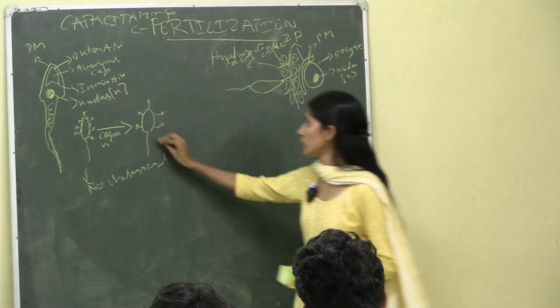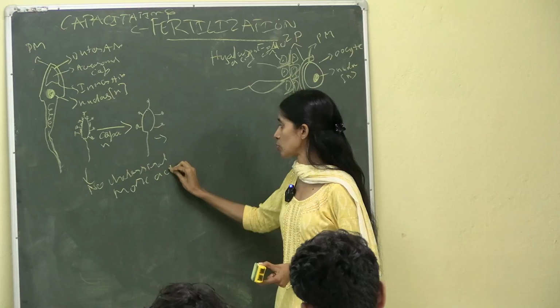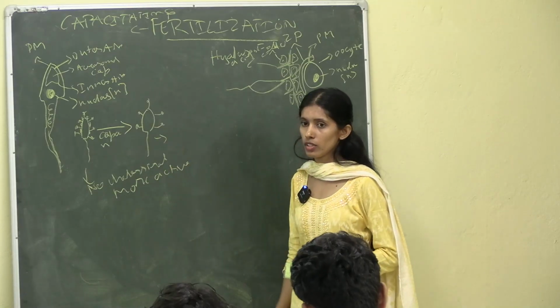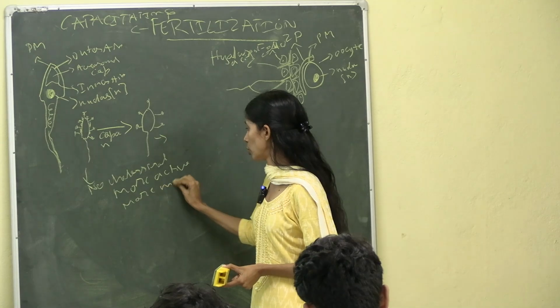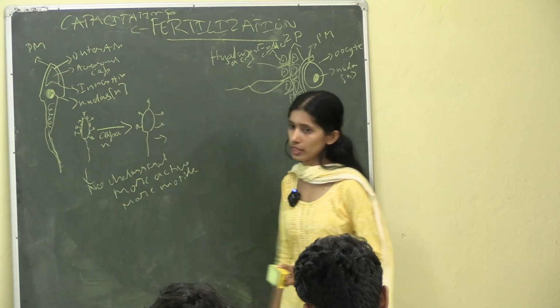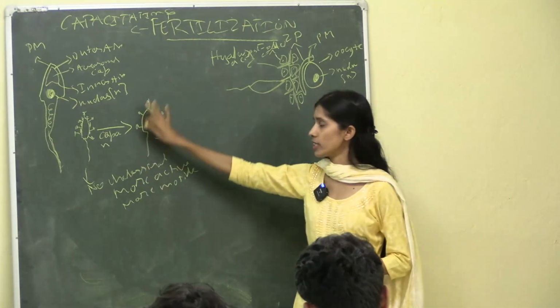Now the sperm will become more active. This condition of sperm is called hyperactivation. It becomes more motile and shows more movement. This process is called capacitation.